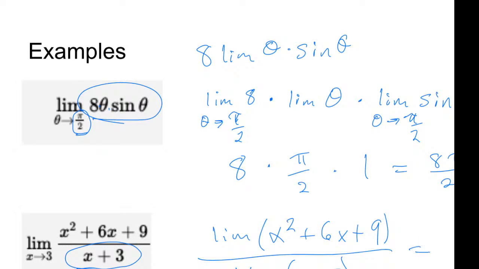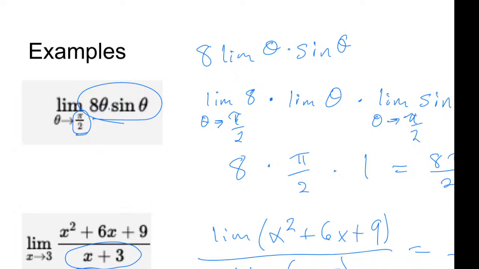And so again, what we could apply, remember we have that rule that if it is a polynomial, we can just evaluate the polynomial so we don't have to do all this stuff. And both of these are polynomials now. So I could just plug in 3. The limit will really just be 3 squared plus 6 times 3 plus 9, divided by 3 plus 3. So I go and do the calculation.